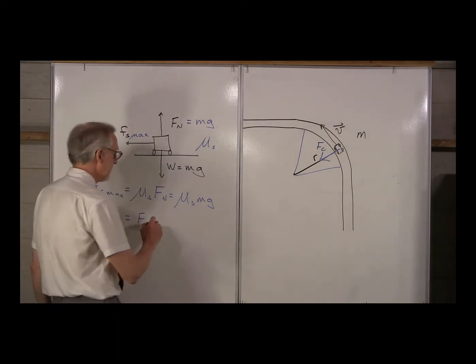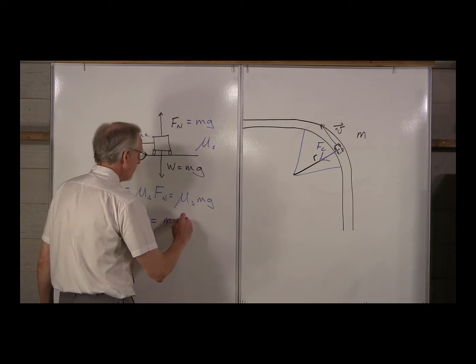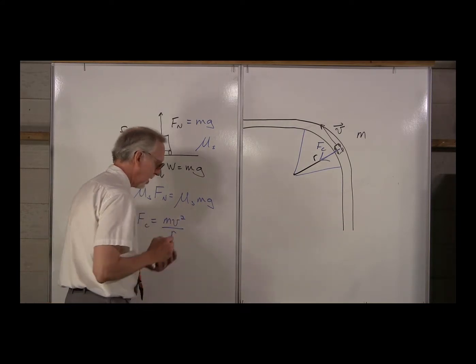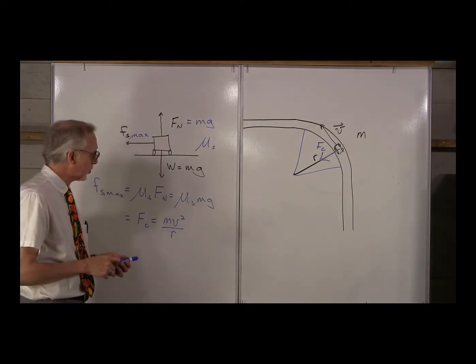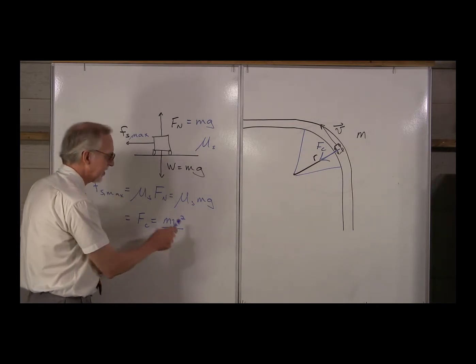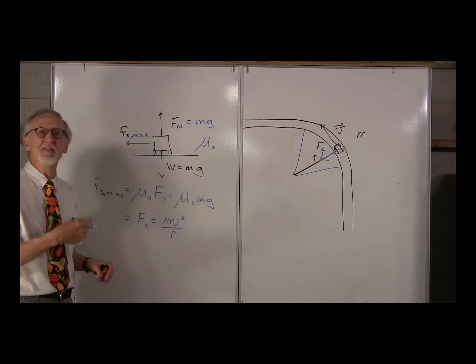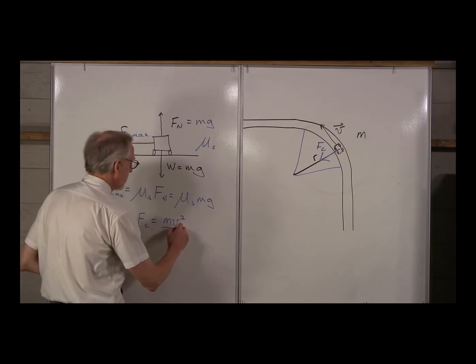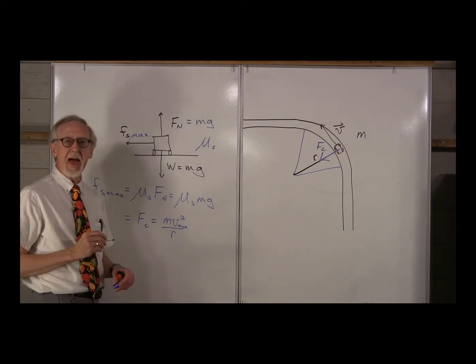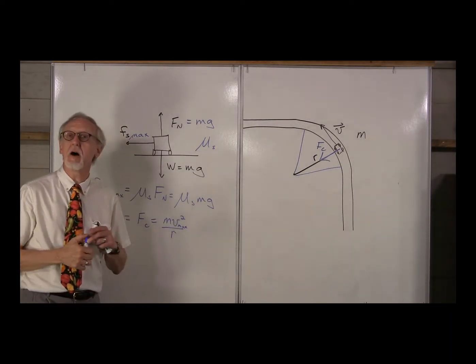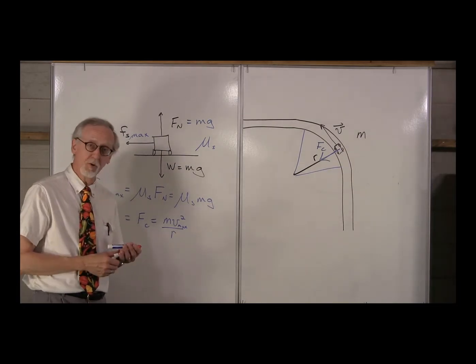And we know the centripetal force is mv squared over r. Which leaves us with the result, and what velocity is this? Let's assume this is the maximum velocity, so we'll call this v max. That's the maximum velocity the car can have and still stay on the road.